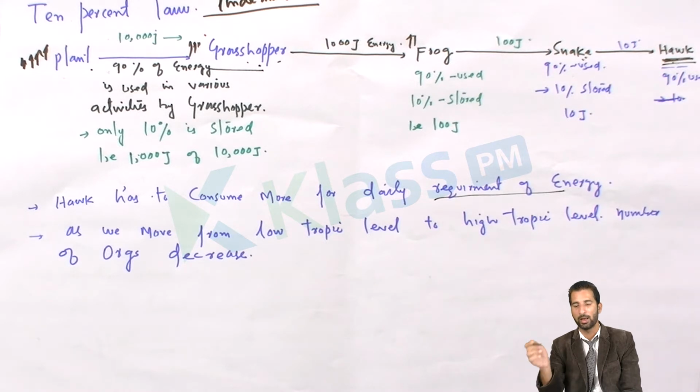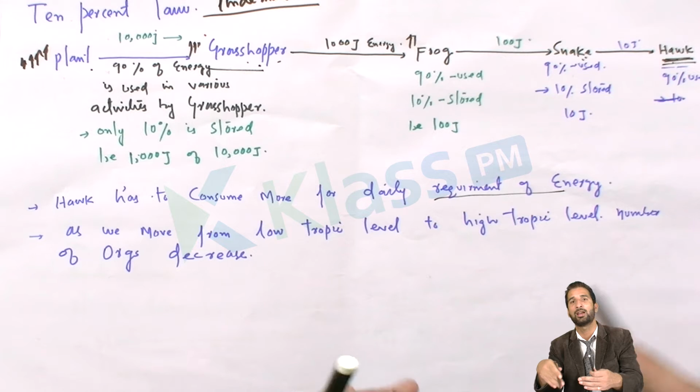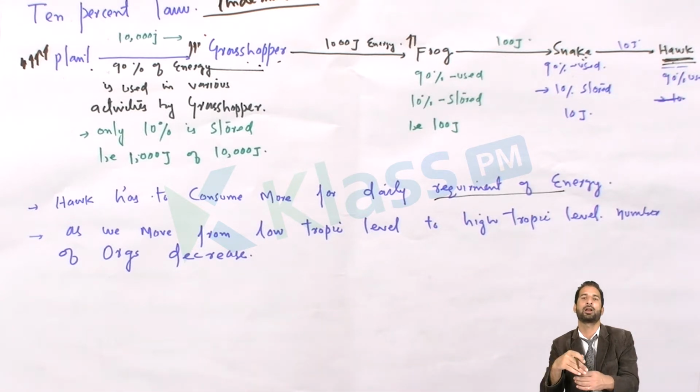It means that the number of snakes would be larger compared to the number of hawks. The number of hawks would be less, but the number of snakes would be very large, because the hawk has to consume more and more snakes to fulfill its body's energy requirement.